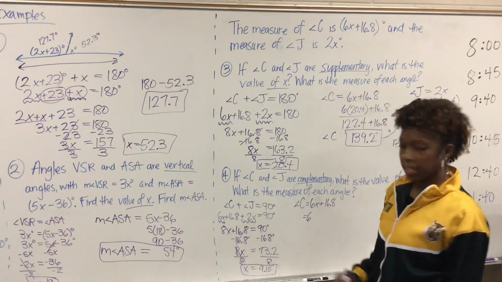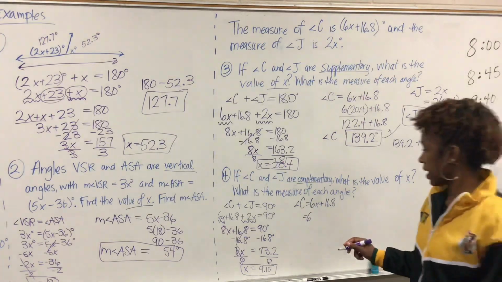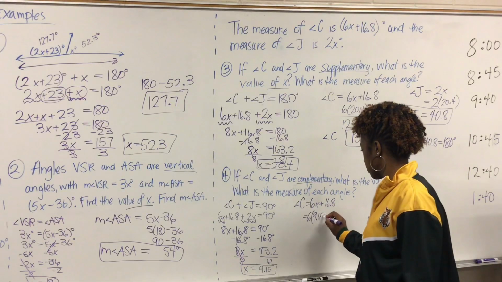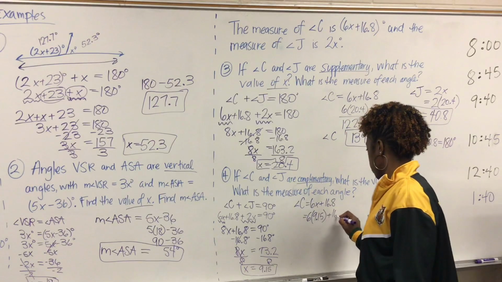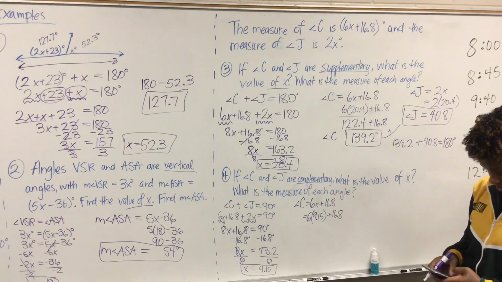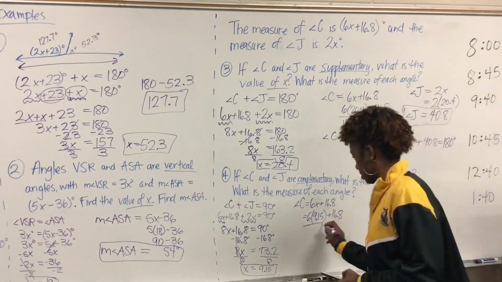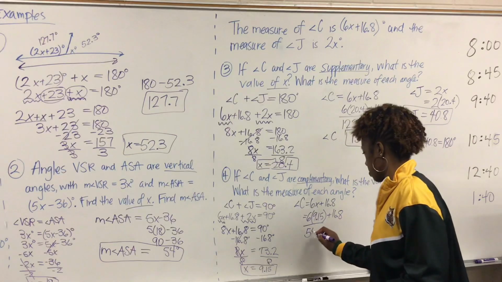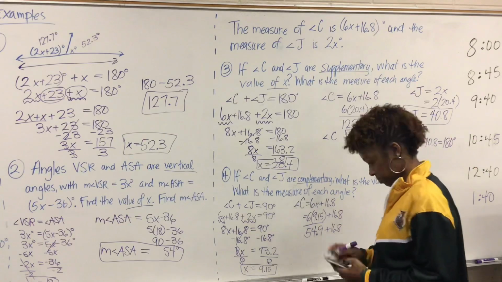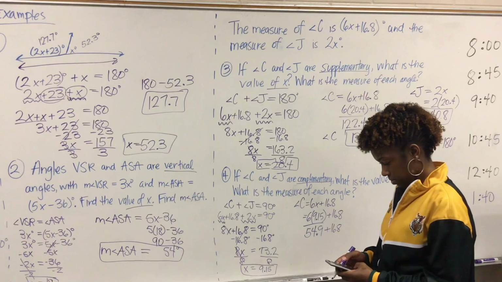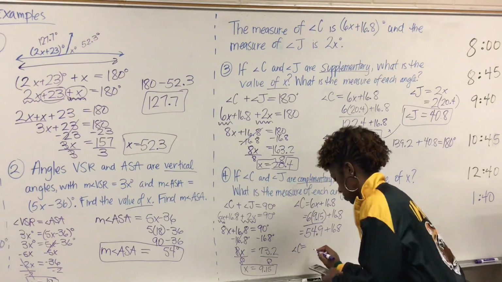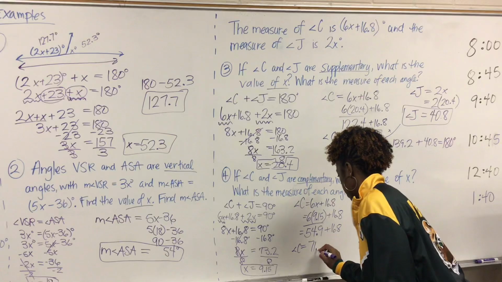So that's 6 times 9.15 plus 16.8. 6 times 9.15 gives us 54.9, plus 16.8. The angle measure of C equals 71.7.